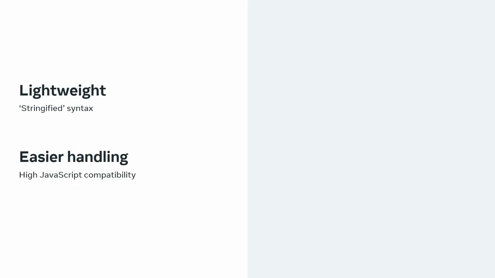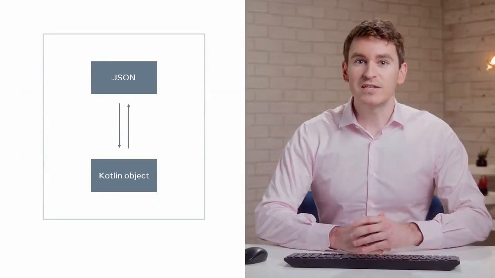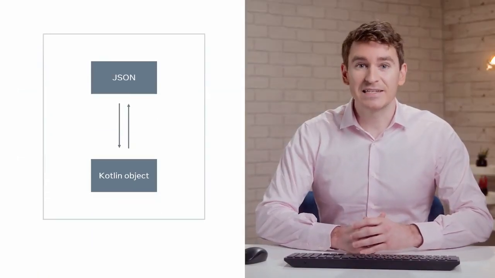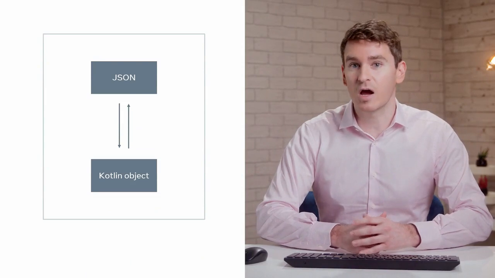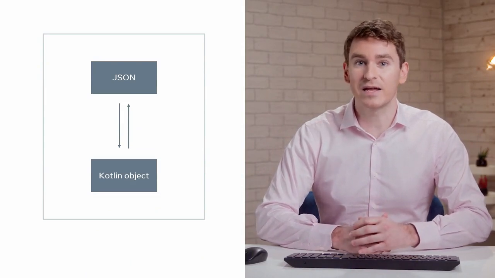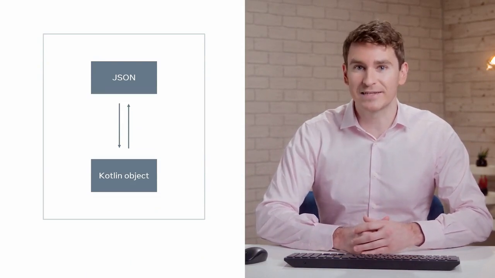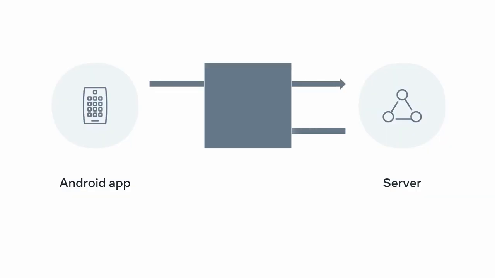Second, it's easier than other methods to handle within JavaScript code, since JSON is valid JavaScript. JSON is language independent and is easy to convert to and from Kotlin objects thanks to the availability of JSON libraries and plugins. In Android apps, you will often use the JSON format to communicate between your client app and the server.